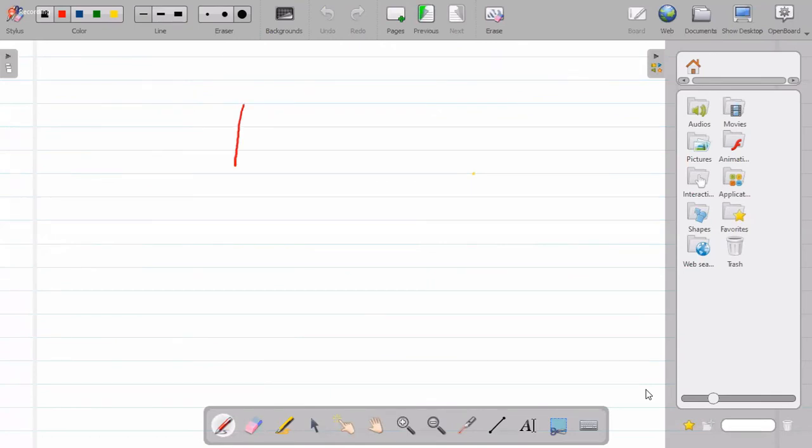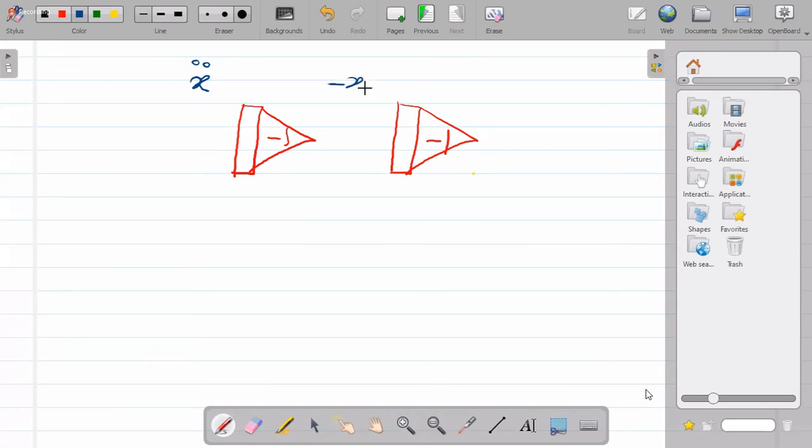First of all, let us draw two integrators. Hypothetically, this value should be x double dot, this value should be minus x dot, and this value should be x. Okay?